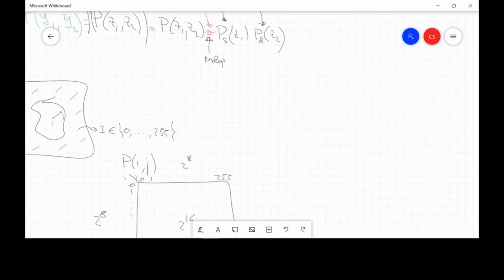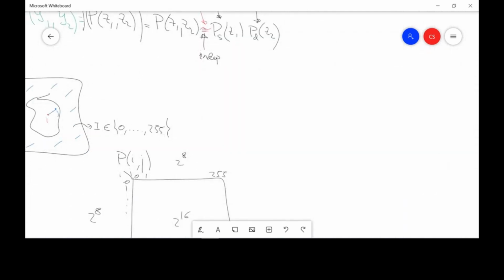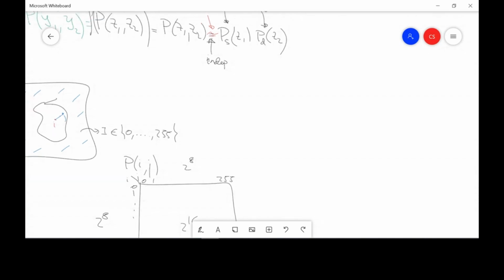So, if i and j take values between 0 and 255, set 1 takes values between 0 and 510. That is the maximum value we can have. And what about the difference?